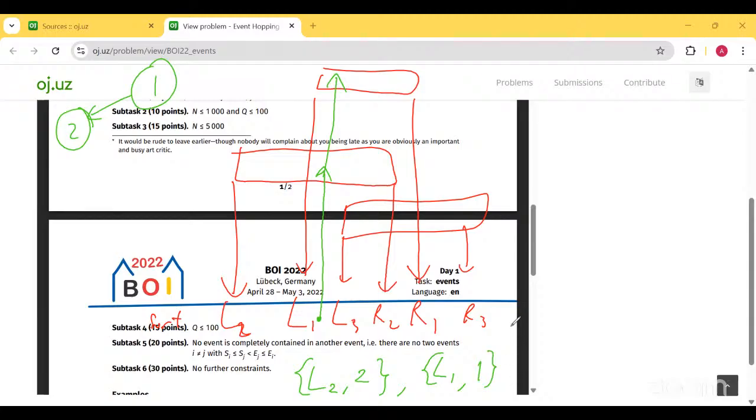Can we know the parent of 1 or the parent of 2? All right. Iterate in reverse order. All right. I see.